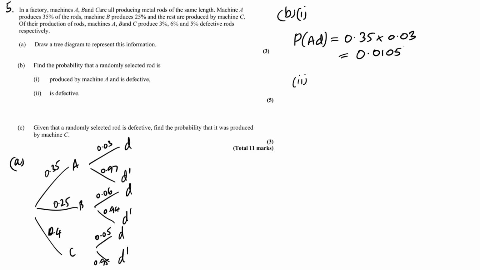Part 2 is defective. So that means that it could have been defective from A, or it could have been defective from B, or it could have been defective from C. So that would give me 0.0105 for my first one, and then BD is 0.25 times 0.06, and then CD is 0.4 times 0.05.